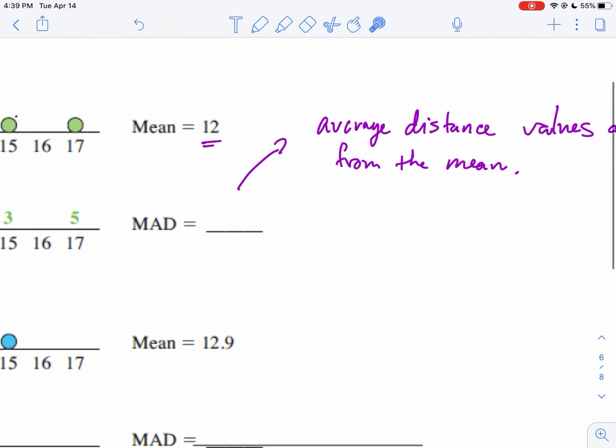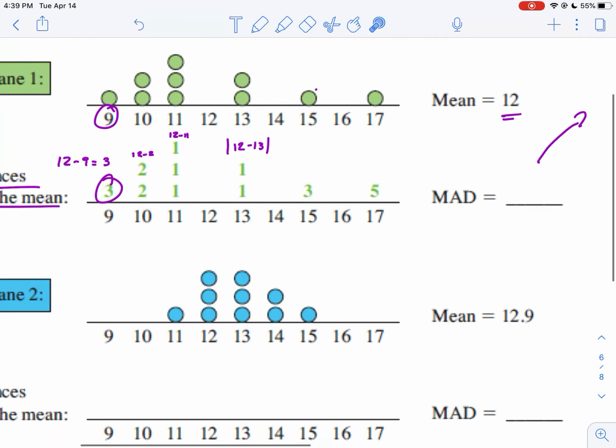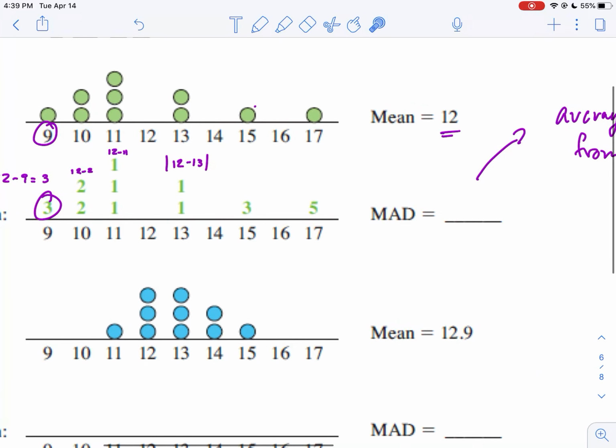Now, how do we find the average distance? Well, just like we would any other average, we would add these all up and divide by how many there are. 1, 2, 3, 4, 5, 6, 7, 8, 9, 10. So there's 10 items, 10 airplane trials. So I need to add these all up. The sum turns out to be 20.